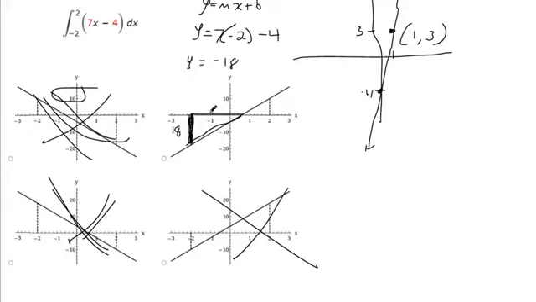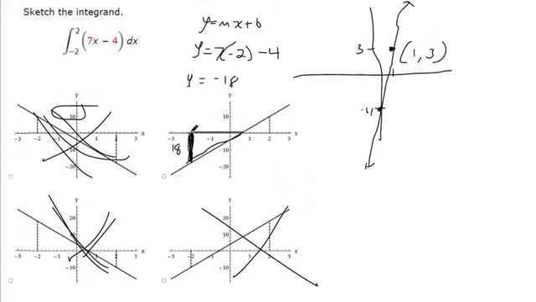And then the length, it goes from negative 2 on the x-axis to something on the x-axis. Now exactly where that point is, it's where it crosses the x-axis. In other words, this is where y equals 0. So we'll plug in 0 for y into the equation of the line we're evaluating. And if you solve that equation, you're going to get x is 4/7.